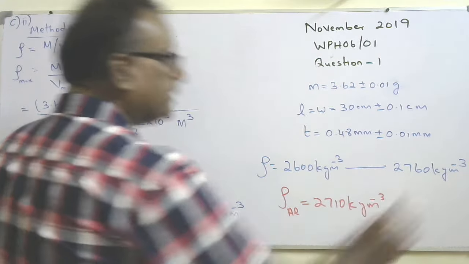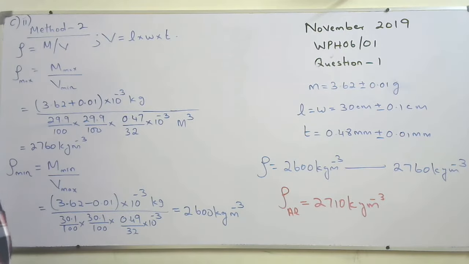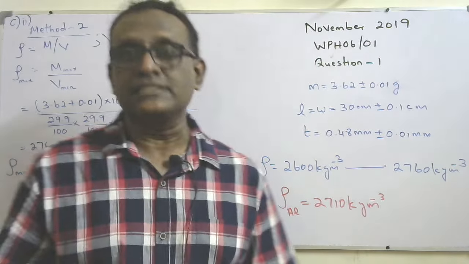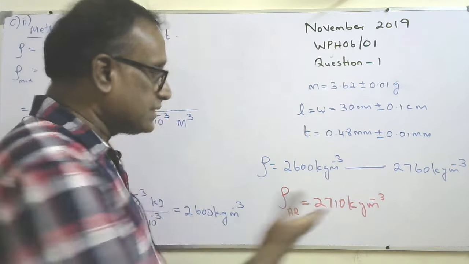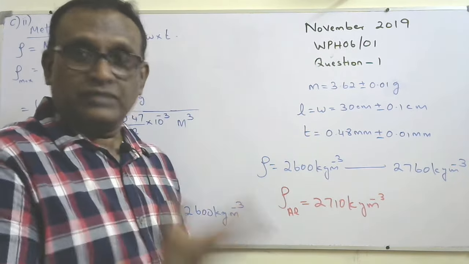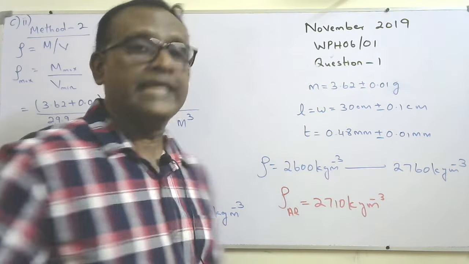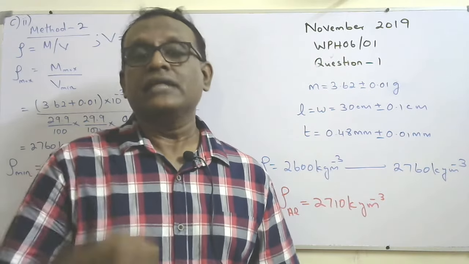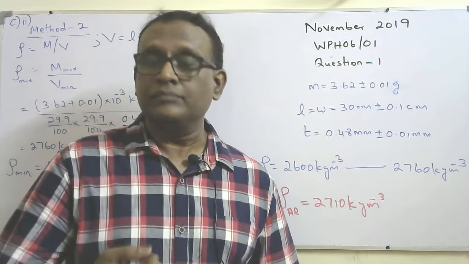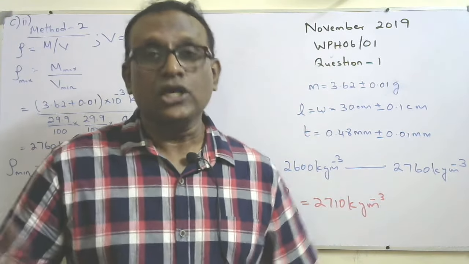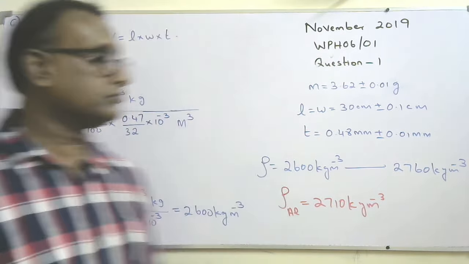That is falling within the range of my experimental value. So in this method also, you get the final answer the same. Since the density of aluminium is falling within the range of my experimental value, the metal I used in the laboratory could be aluminium.